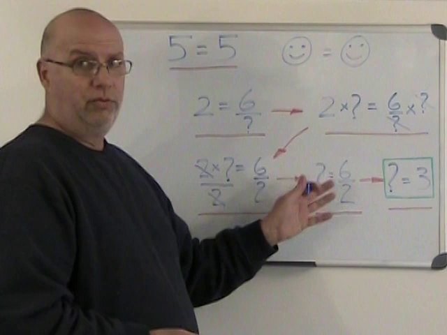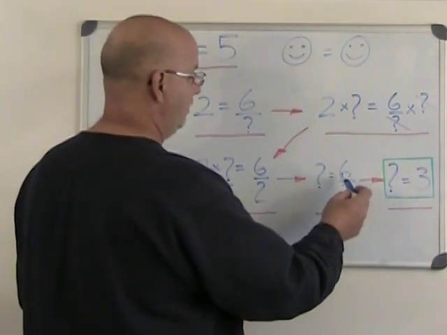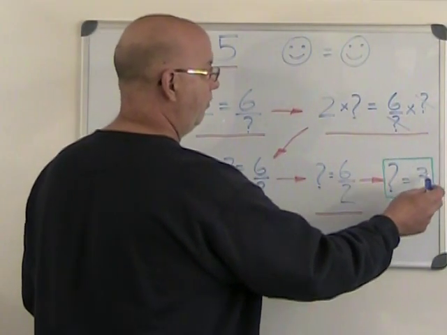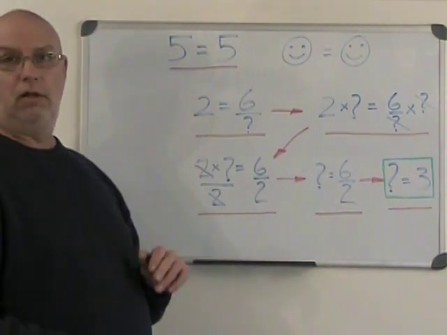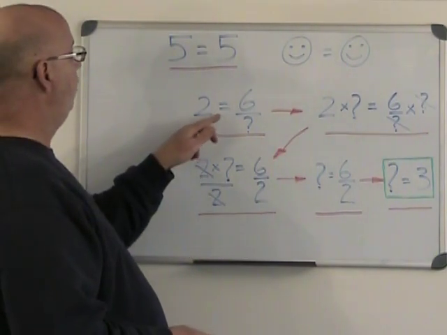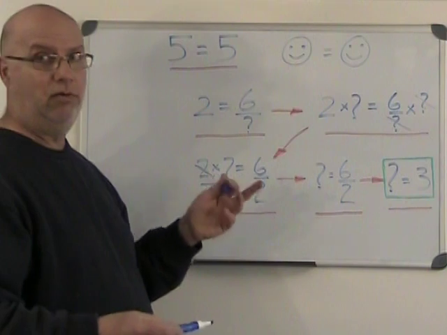Well, that's almost resolved. I can simplify that fraction and say that 6 divided by 2 gives us an unknown that's equal to 3. Now, does that work with our original unresolved equation? Well, let's take a look. Is 2 equal to 6 divided by 3? 6 divided by 3 equals 2.